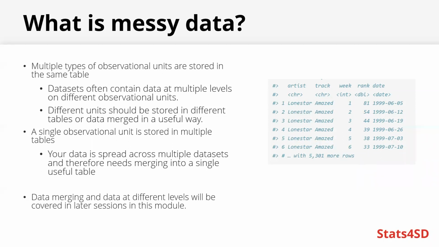And then finally, on this issue of messy data, you also have the reverse of this issue, where you are keeping data about the same units, or the same information, stored across multiple tables, when that might not be necessary. So you're keeping the same data in multiple different places.